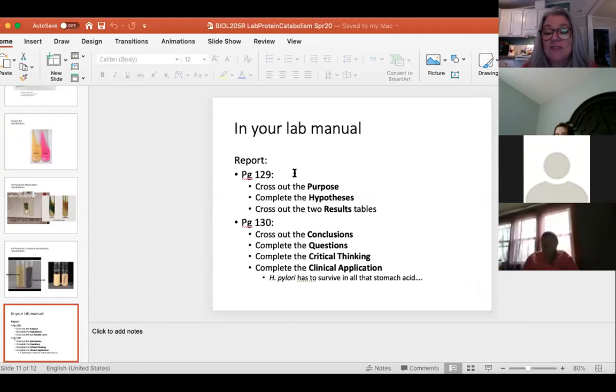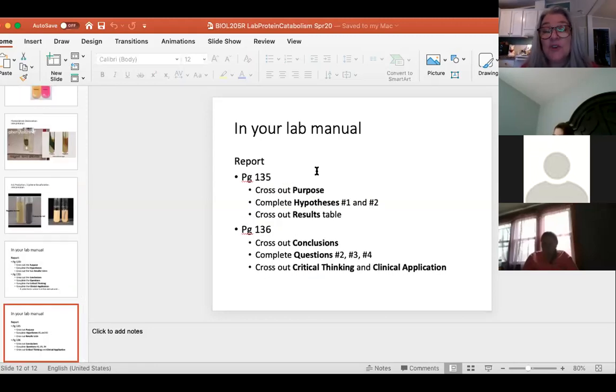I've gone through and I've told you exactly what you can cross out and what I want you to complete, okay? And then on this next slide, this is for protein catabolism part 2, which is on pages 135 and 136. And again, I've told you what you can cross out and what you should complete, okay?